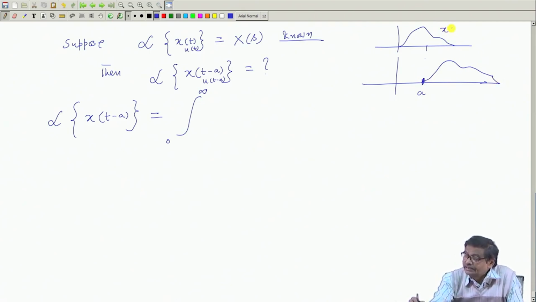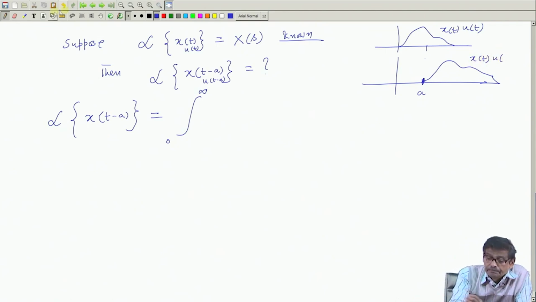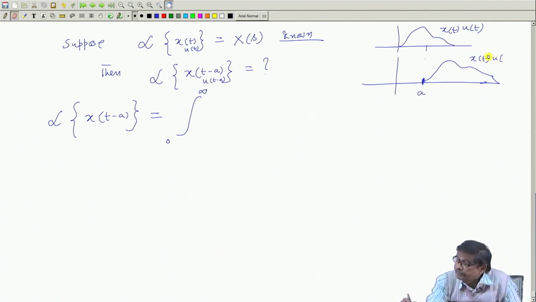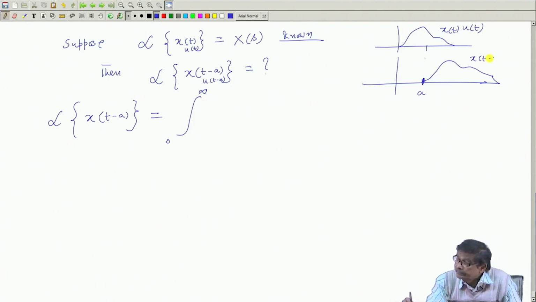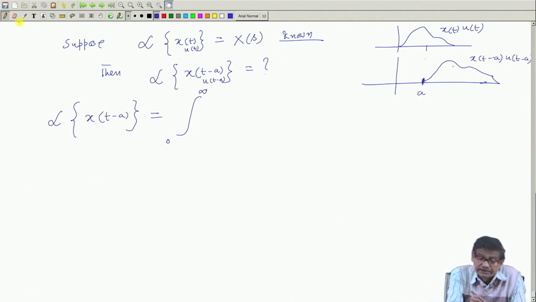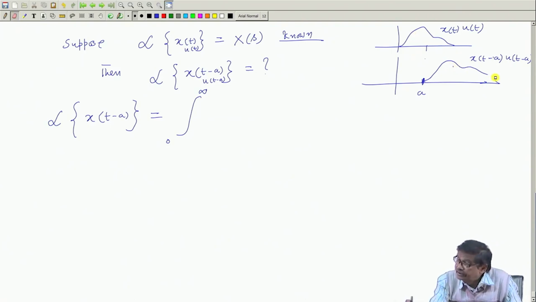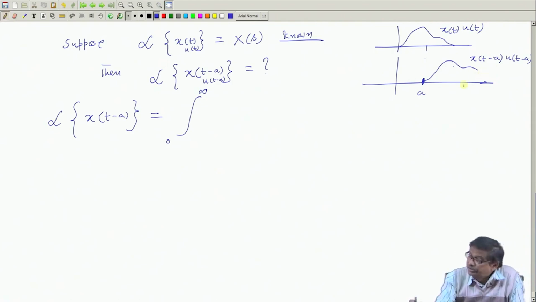So, this is x(t) into u(t), and this is x(t minus a) into u(t minus a). Got the point? Same function. I am sorry, here it looks slightly different, but you have understood the point.